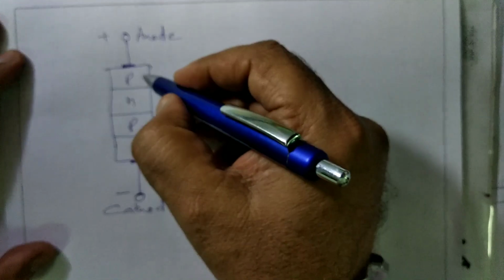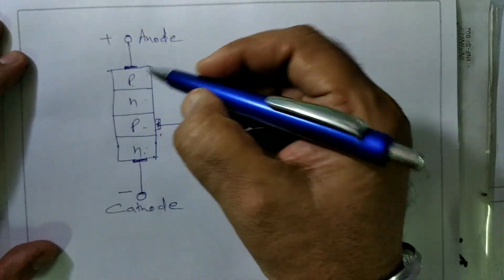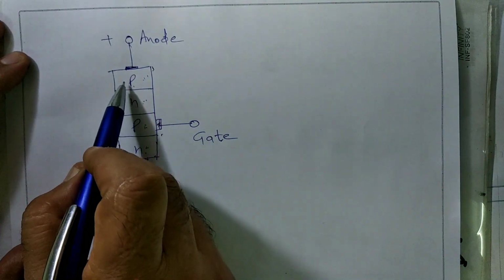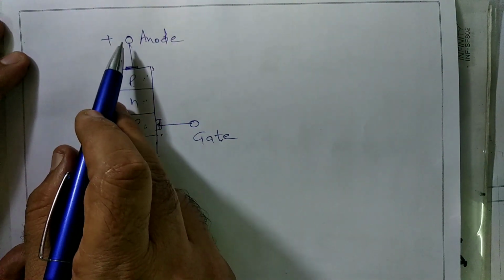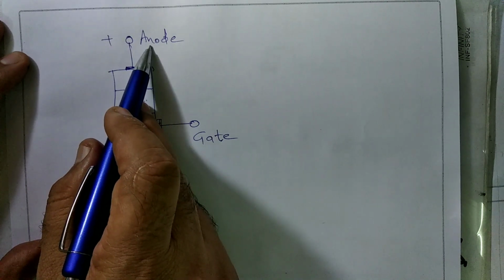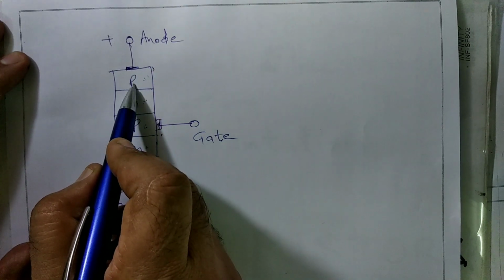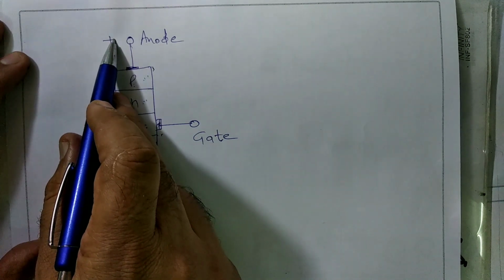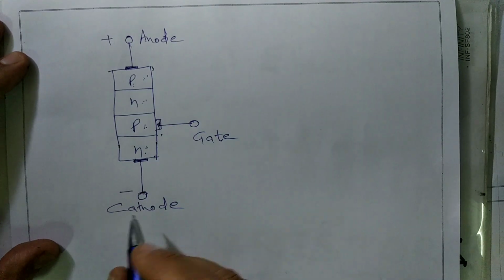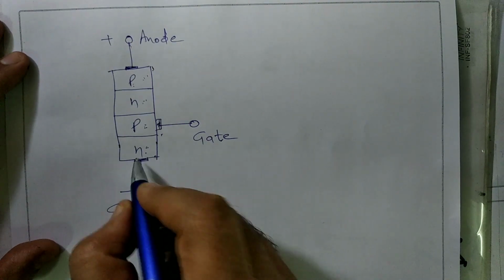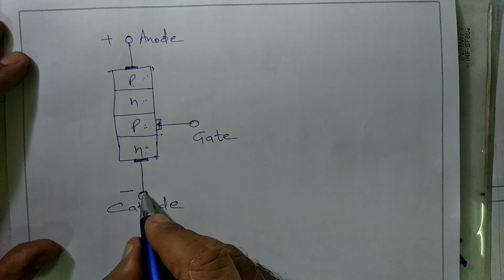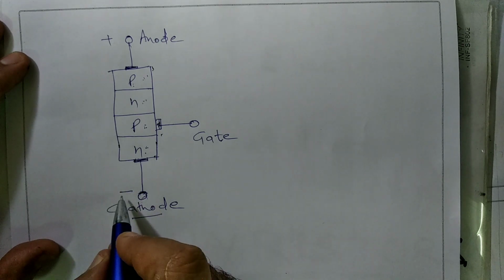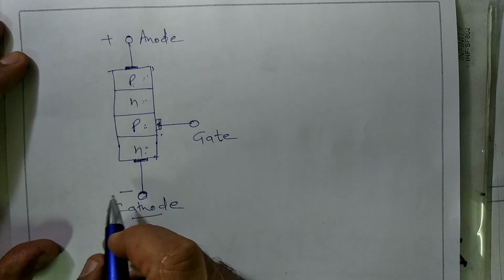So the gate is connected to the inner P layer. Now we have these 4 layers of semiconductors, PNPN. The uppermost P layer is connected to the anode, the positive terminal of the device. Now the lowermost N layer is connected to the cathode, the negative terminal of the device.